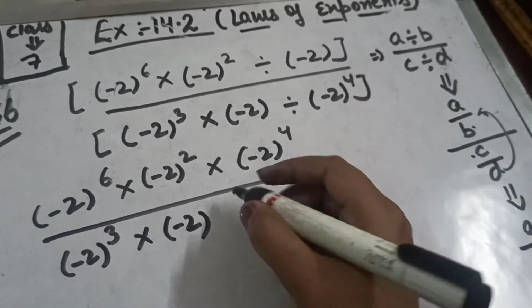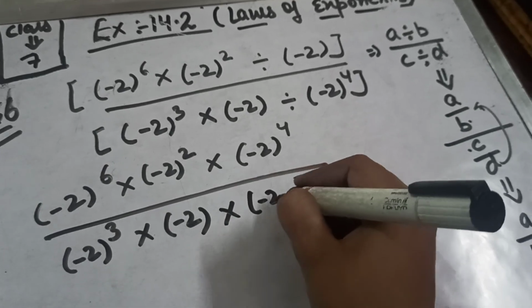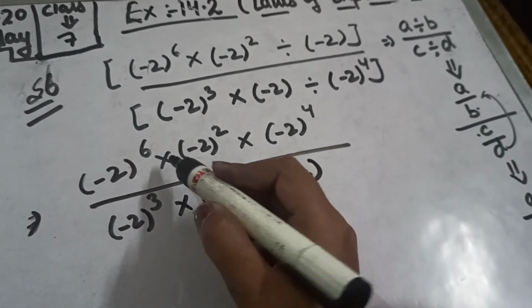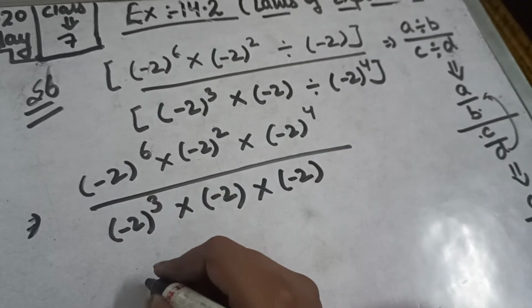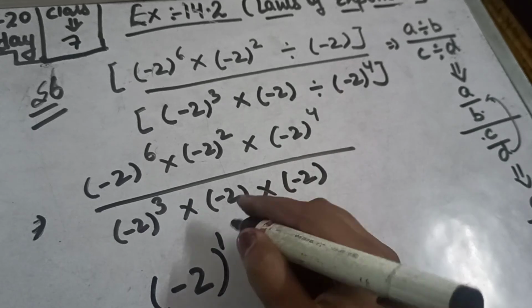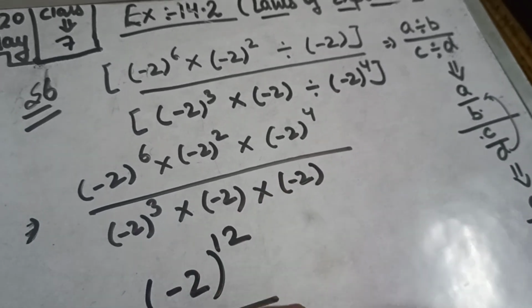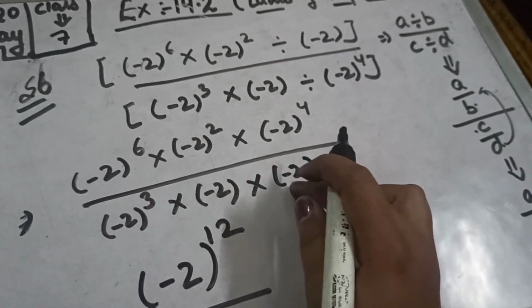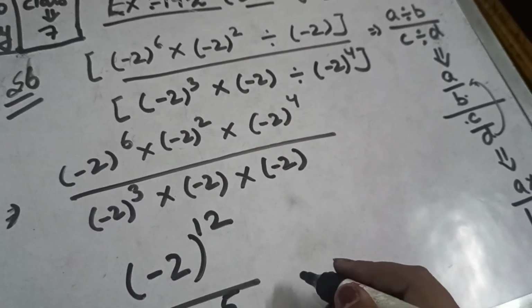This minus 2 also comes here in multiplication. Now bases are same, so go with the powers. 6 plus 2 is 8, 8 plus 4 is 12. Now downside base is same. 3 plus 1 is 4, 4 plus 1 is 5.